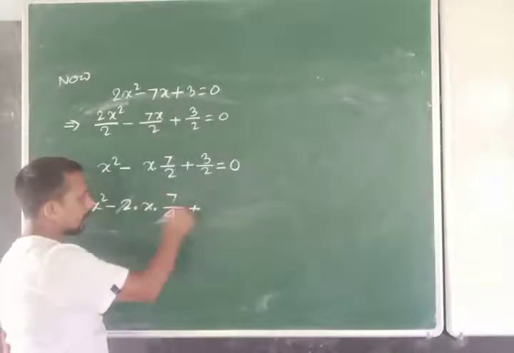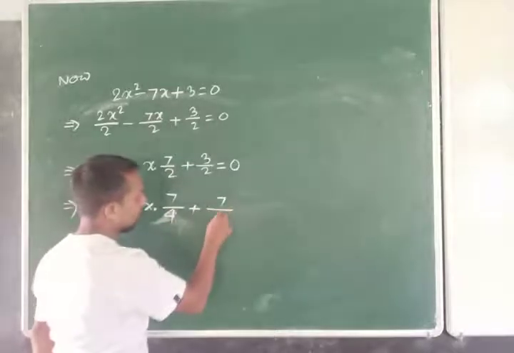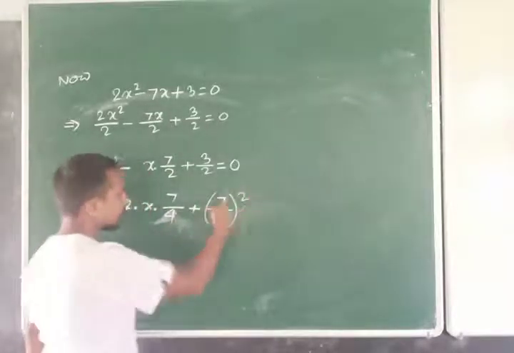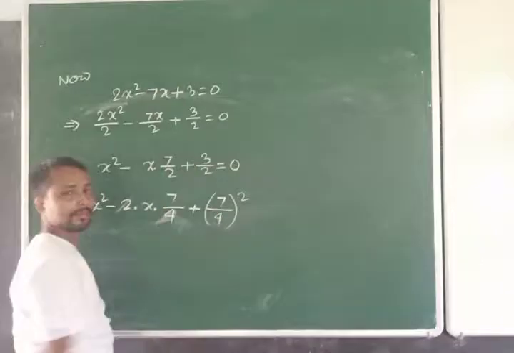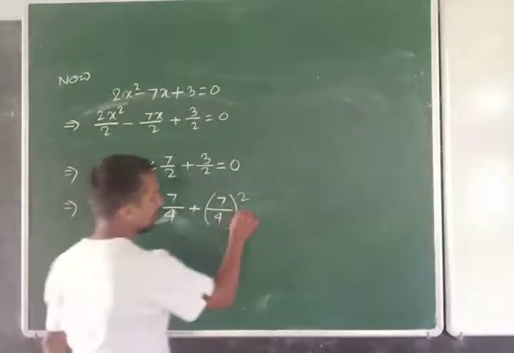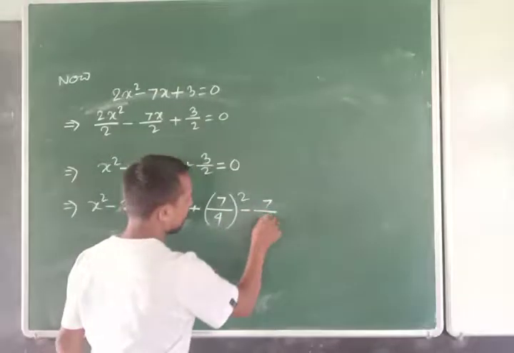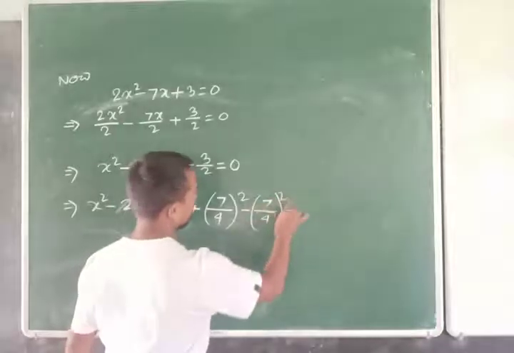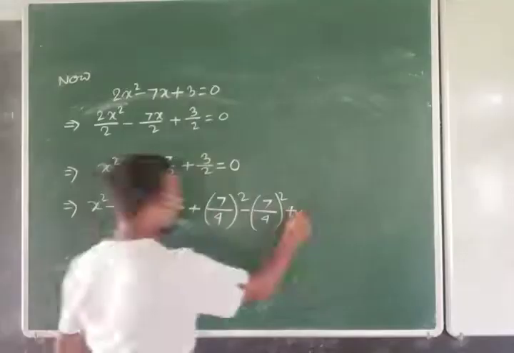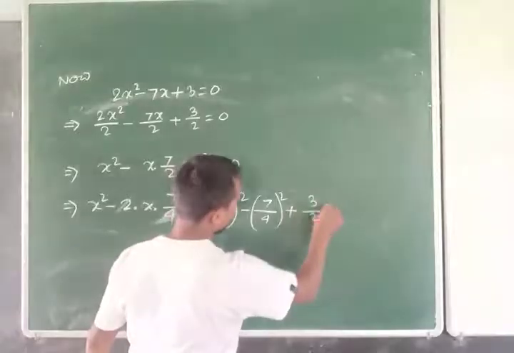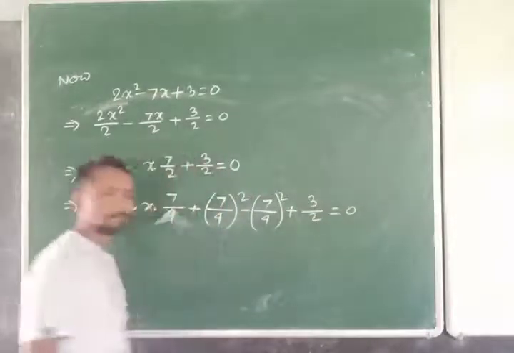Plus this is b, 7 by 4 whole square. Since this portion is not there, let us subtract the same thing, 7 by 4 whole square, plus the last part, 3 by 2, equal to 0.